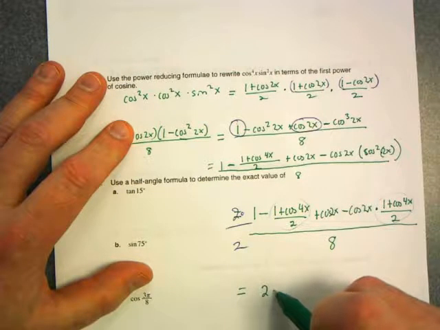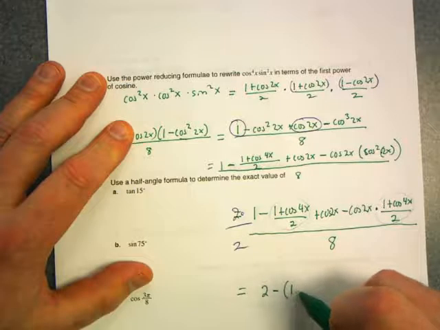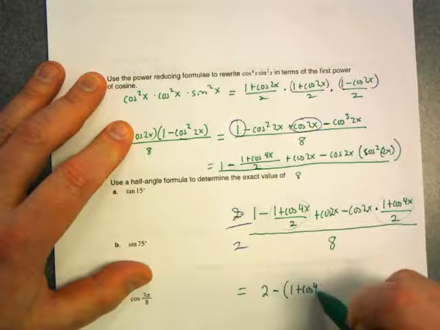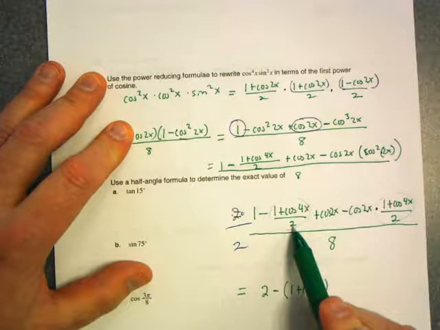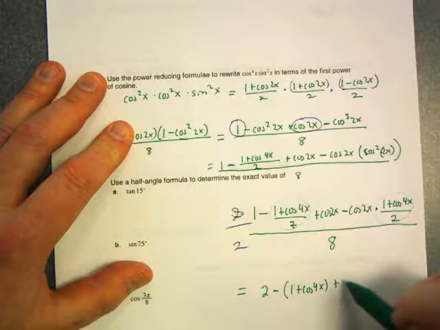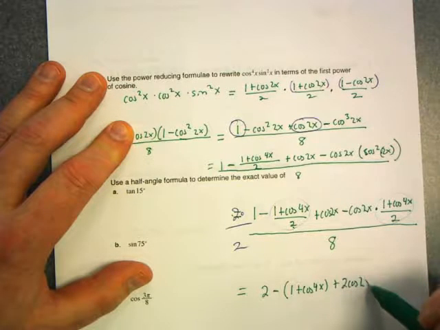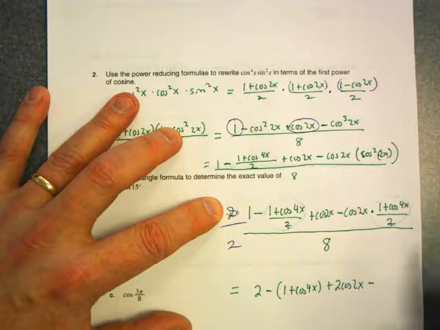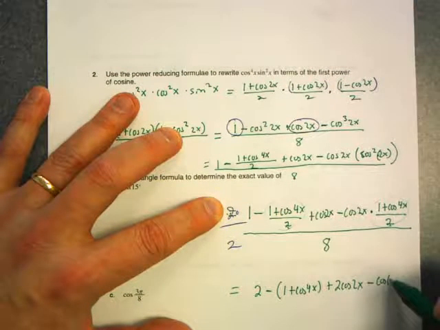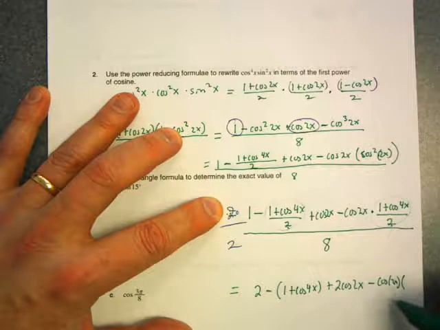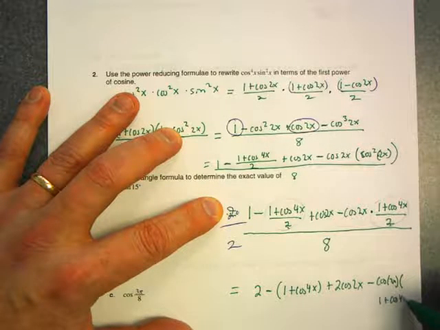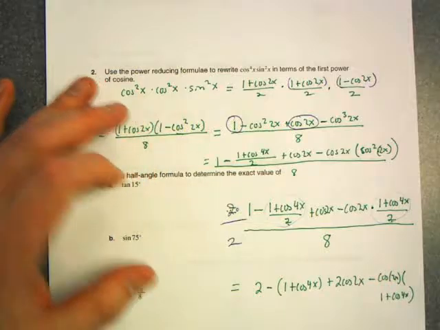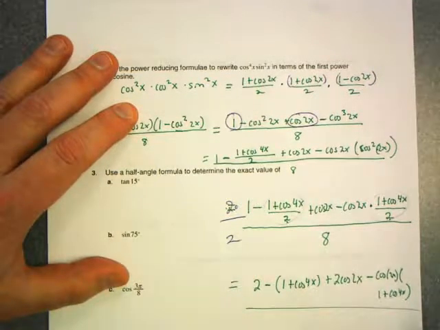2 minus 1 plus cosine 4x, because that 2 reduces with that 2, plus 2 cosine 2x, minus, and then this 2 reduces with that 2, so I have cosine 2x times 1 plus cosine 4x, really ran out of space there, all divided by 16.